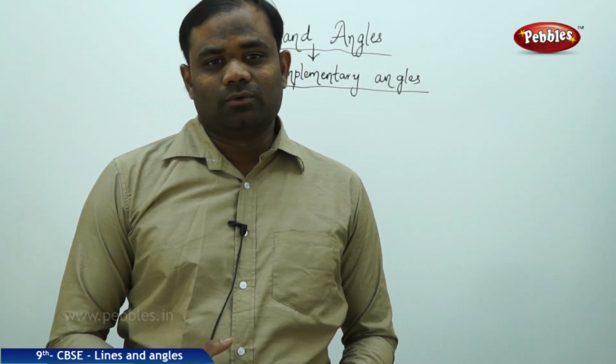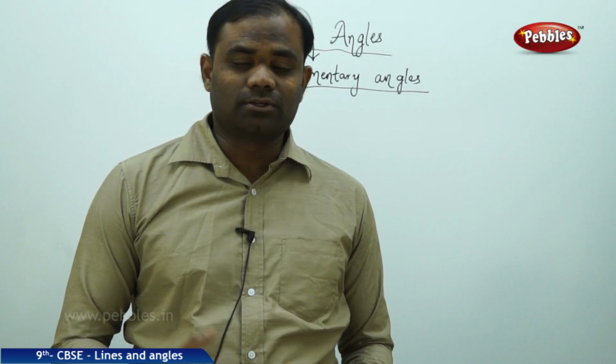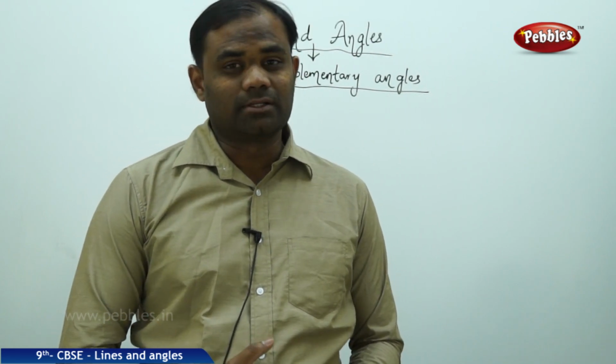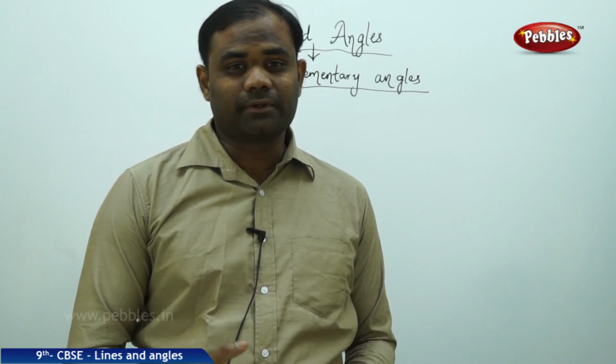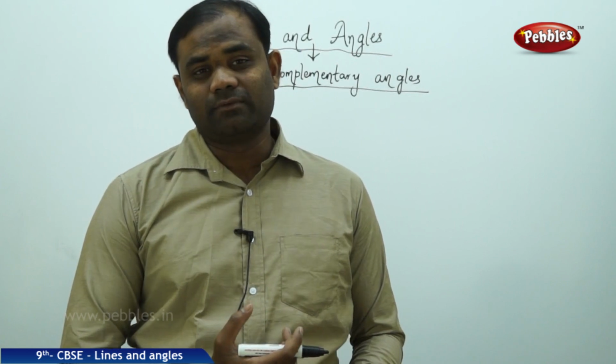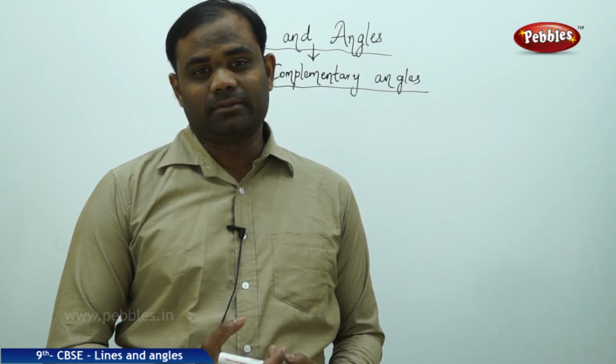The angles whose sum is 90 degrees are called complementary angles. That is, when I take the angles x and y, if x plus y equals 90 degrees, then we say the angles x and y are complementary angles.